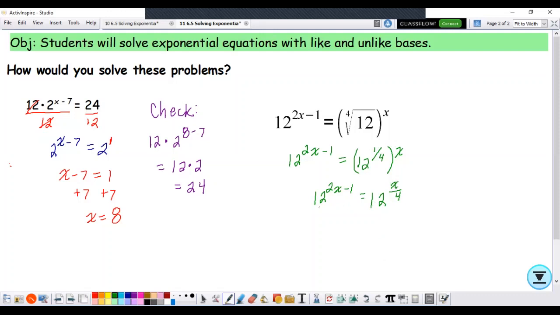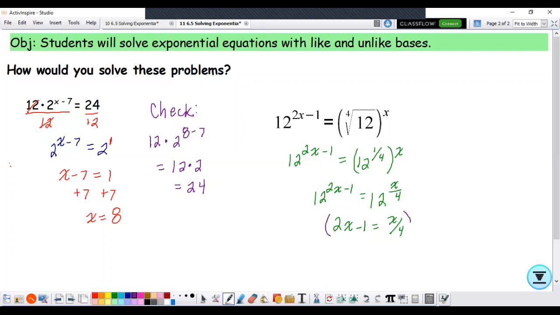I have the same base, so now I can set the exponents equal to each other. 2x minus 1 equals x over 4. Now, I know I have a lot of students that don't like fractions. They see a fraction in an equation and they're like, what? Well, if I want to undo this fraction, remember a fraction is just dividing.